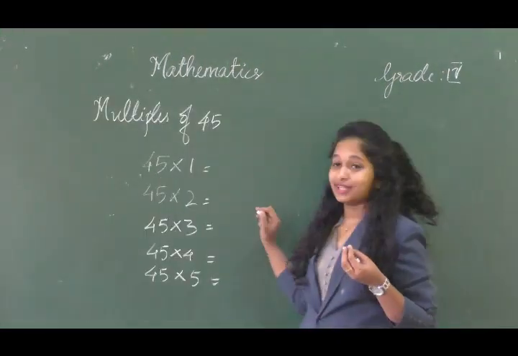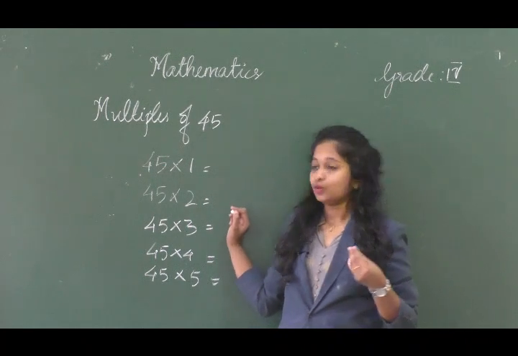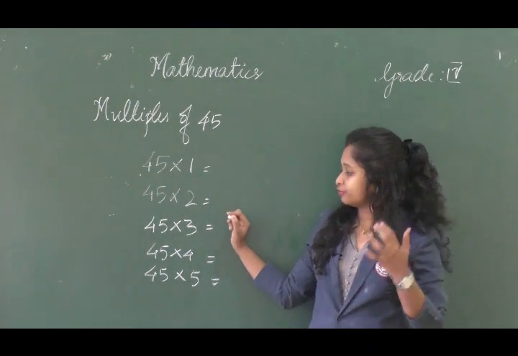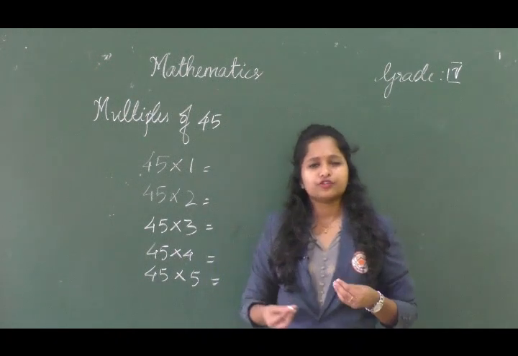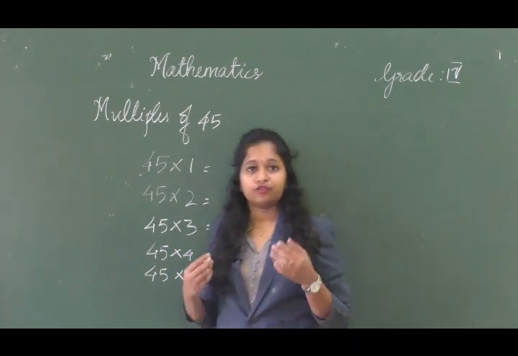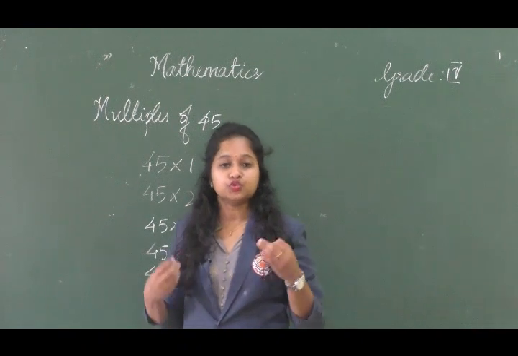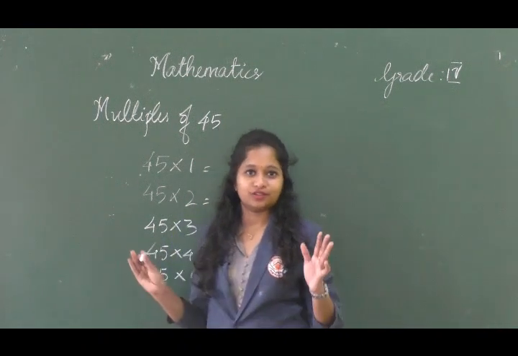Let's see what are the first 5 multiples of 45. What you have to do? You have to multiply 45 with 1, 2, 3, 4 and 5. That's all.